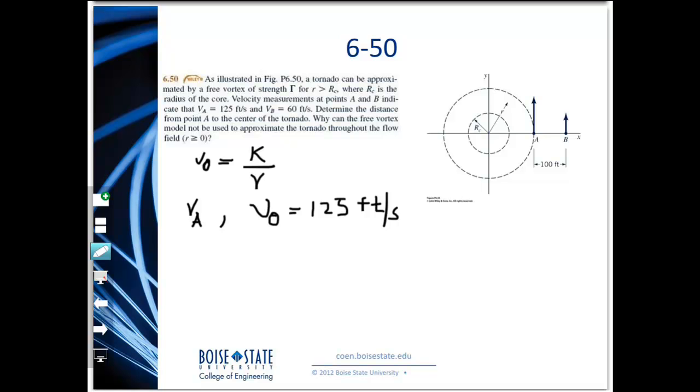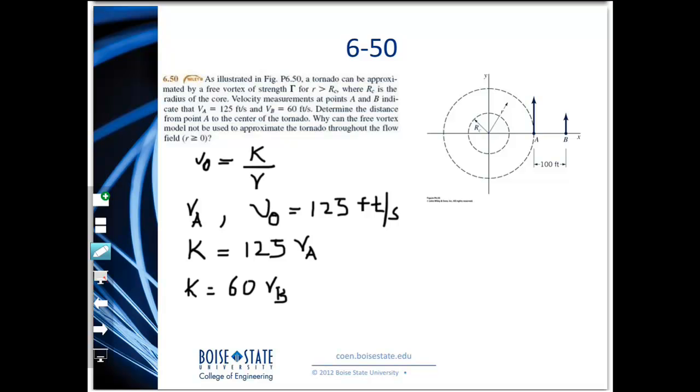So from here, using the above formula, we can get K to be 125 RA. Similarly, we can do this for point B and we get K equals 60 RB.